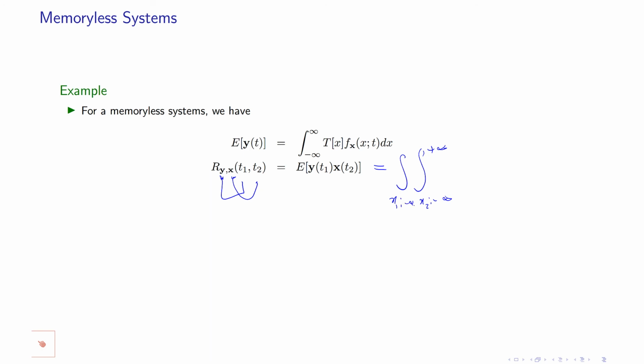Then you have x2, and then t of x1, and then f of x1 and x2 at times t1 and t2, dx1, dx2, etc.